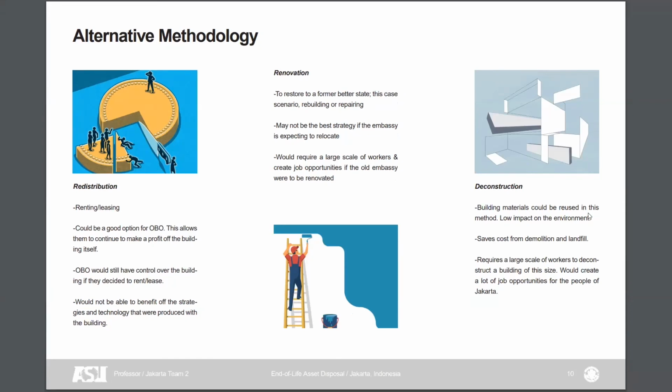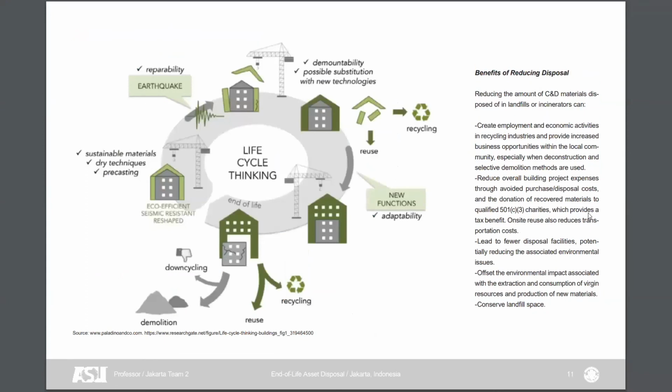And then further on, benefits of reducing the disposal, it's similar to what the alternative methods talked about, which would basically create employment for these people, reduce overall building project expenses, and as well as lead to fewer disposal facilities, and it would offset the environmental impact associated with extraction and consumption with the production of like new materials.